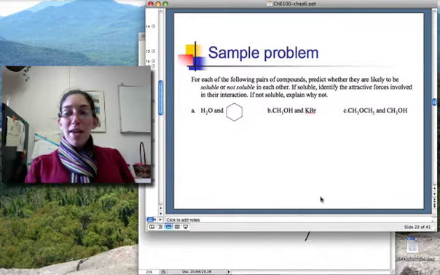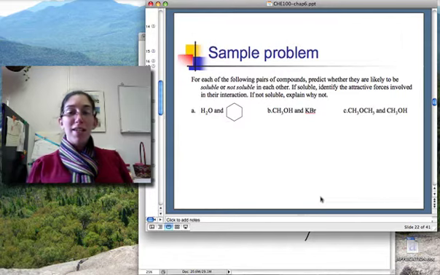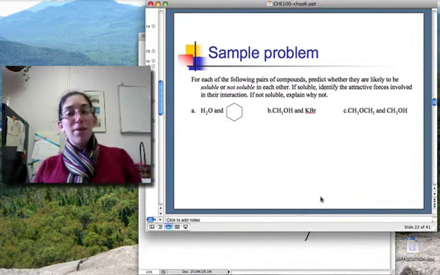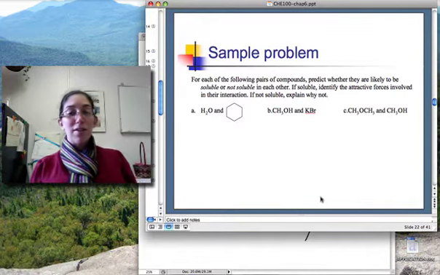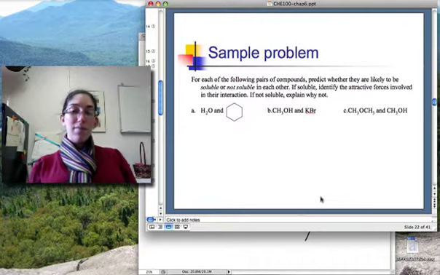So let's do a sample problem here. Before, we compared molecules to see what kinds of intermolecular forces they could engage in. This problem is very similar, except it's asking the question in a different way. It's asking to predict whether the molecules are soluble or not soluble in each other.